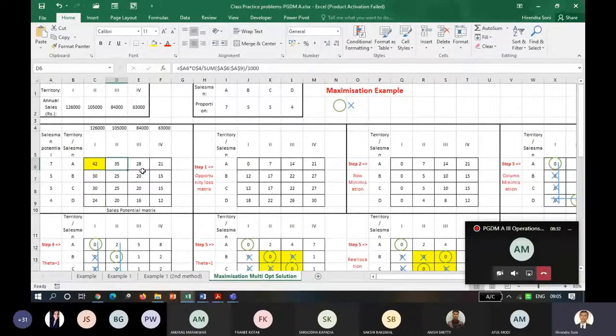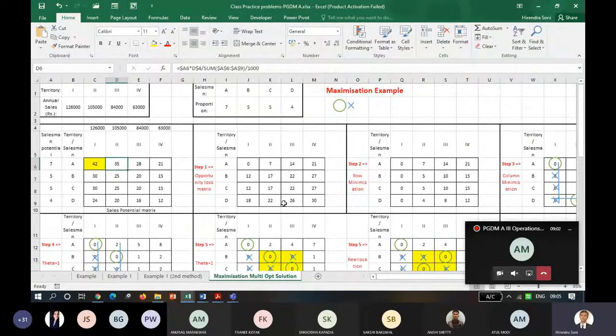In this cell, if I am able to achieve only 35, that means I am short by 7,000. In this case, I am short by 14,000. Okay, 42 minus 28, that is 14. And that is the reason why you subtract all the elements in the cell by the maximum possible.